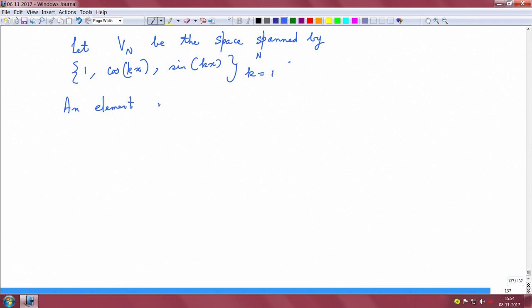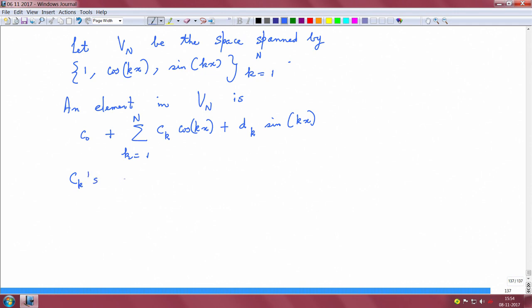An element in this space Vn is c naught plus the summation k equals 1 to capital N of c k cos kx plus d k sin kx, right. This is our notion of the Fourier expansion.